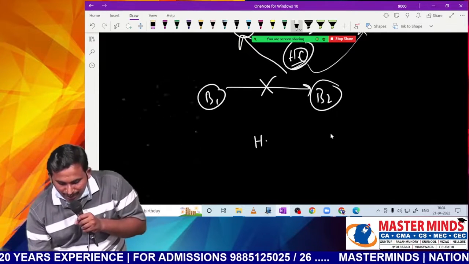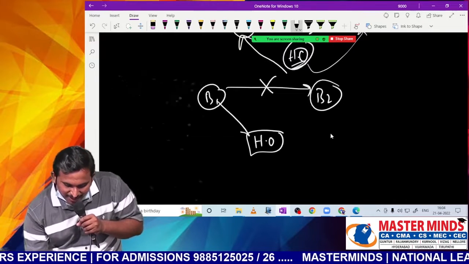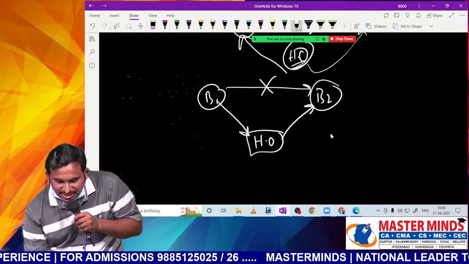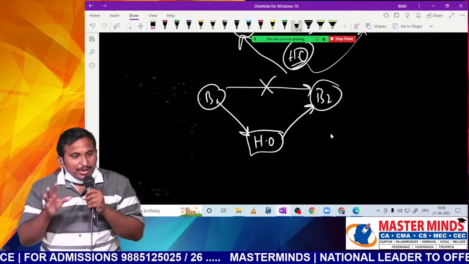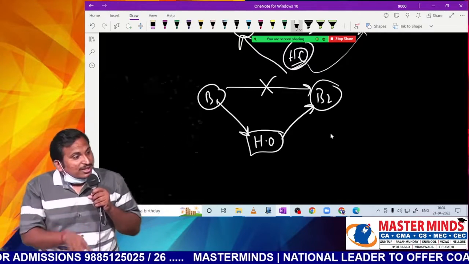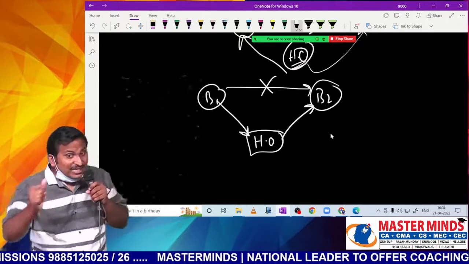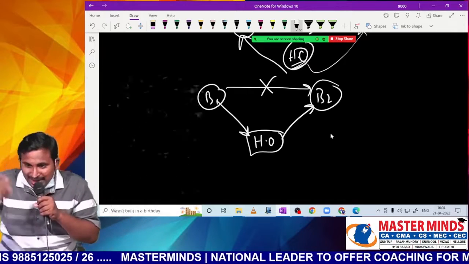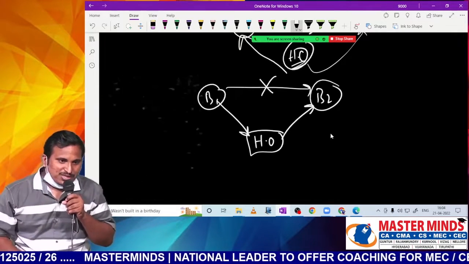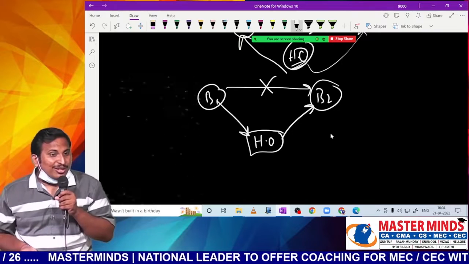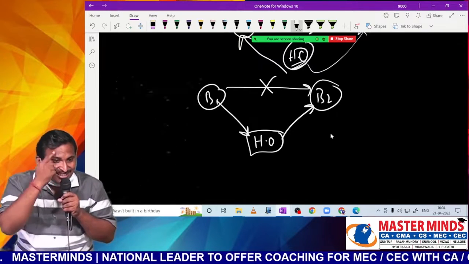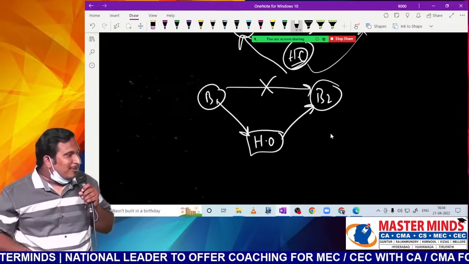We should involve head office. We'll assume that B1 has transferred to head office, and head office has transferred to B2. That means in head office, we have to record these entries. Sir, are you getting the point? In this way, every transfer will be known by head office. If it is legitimate, head office will not do anything. If it is illegitimate, they'll understand the intention behind it. In this way, we will be controlling.